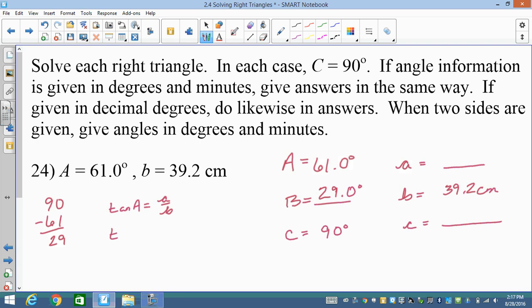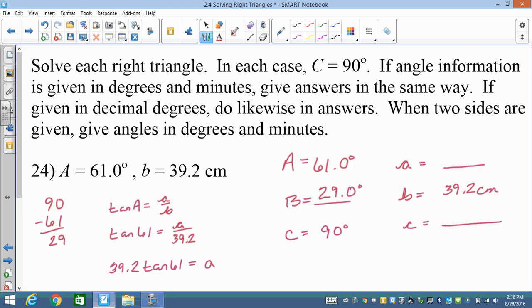So tangent of 61 equals little a over 39.2. Then we multiply both sides by 39.2, or cross multiply, however you want to look at it. So we get 39.2 tangent of 61 equals a.